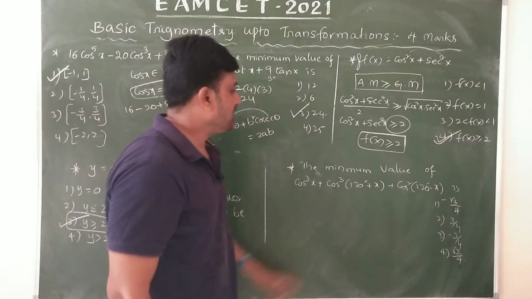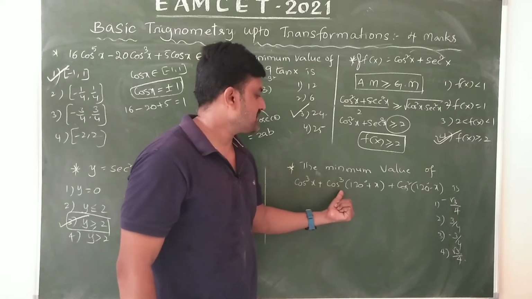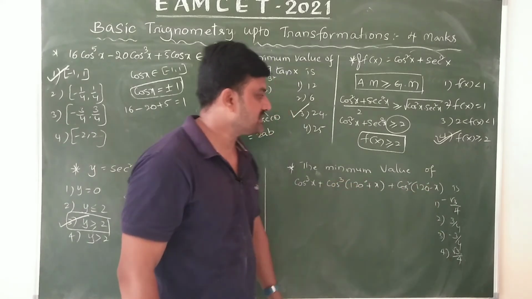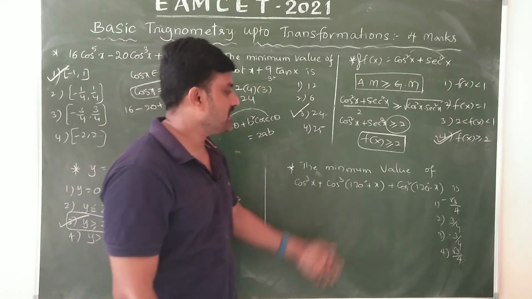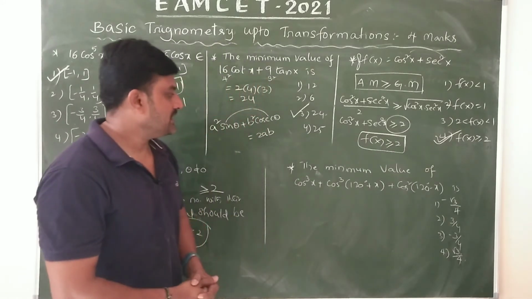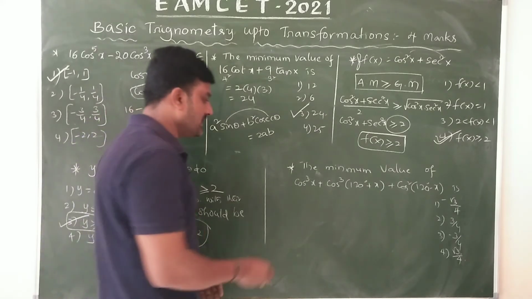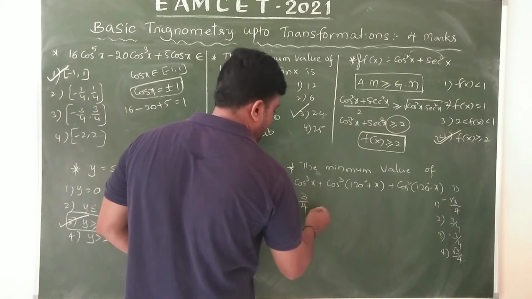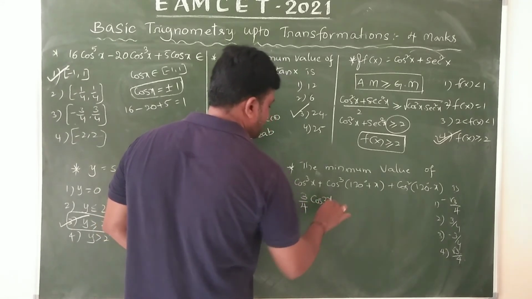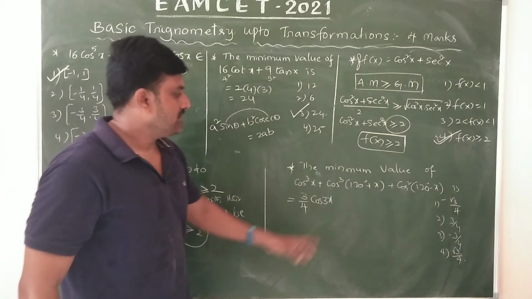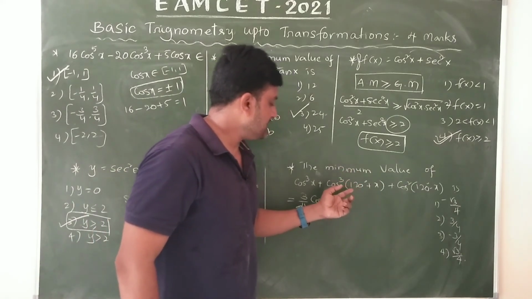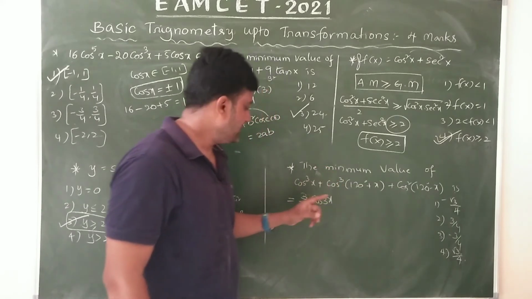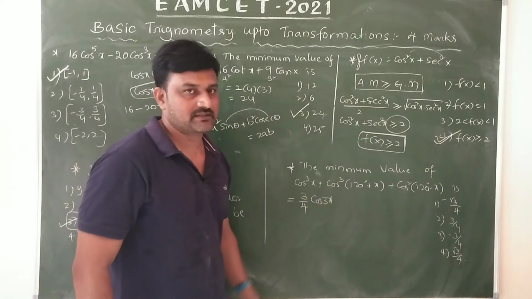And here the minimum value of cos cube x plus cos cube of 120 degrees plus x plus cos cube of 120 minus x. Here we can apply one formula, already we have done like this. Simply it is nothing but 3/4 cos 3x actually. Not only for 120, also for 60, 120, 240, 300, definitely it should be 3/4 cos 3x, remember.